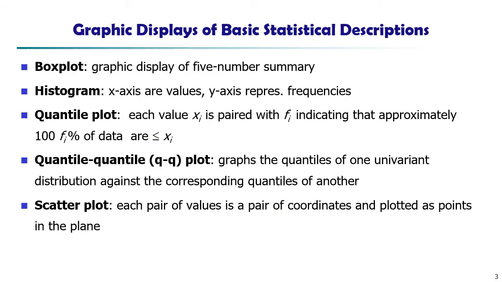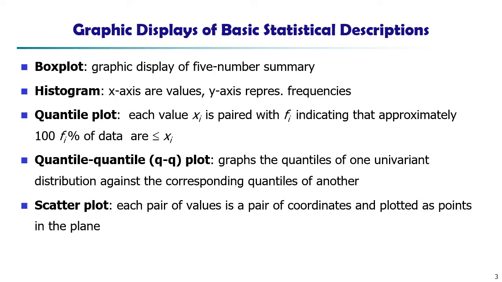Let's talk about graphic displays of basic statistical descriptions. First is the box plot, which is basically a 5-number summary. Then we'll talk about the histogram, where the x-axis are values and the y-axis represents frequencies. Then the quantile plot, in which each value xi is paired with fi, indicating that approximately 100 fi% of the data are less than xi.